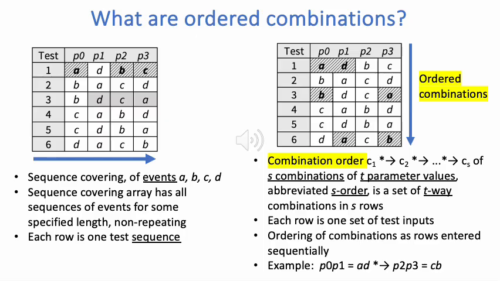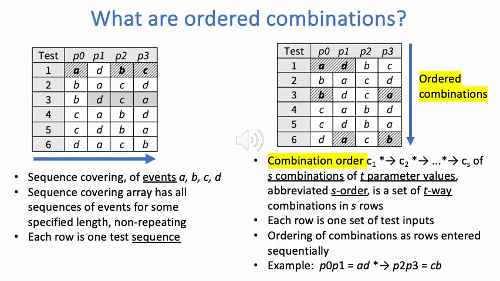Again, back to the left-hand side, we have sequences of events represented by rows, but each event occurs in one column of the row, whereas on the right-hand side with the ordered combinations, we're looking at it from a different standpoint. Typical test input sequence, and the orders that we are concerned about are the orders of test values as they are entered into the system.